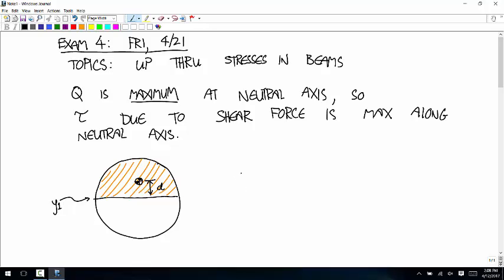Okay, so this D, who remembers the formula for the centroid of a circle? We could derive it. Let's not. I think it's 4 pi over 3r, maybe? Something like that. It's the same as for a quarter circle.